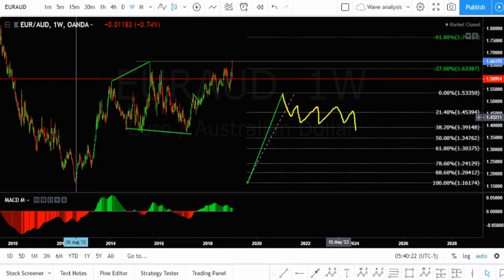What I like about stocks is most stocks will make the correction, but then most of the times it will go to your 61% target and not your 27% target.